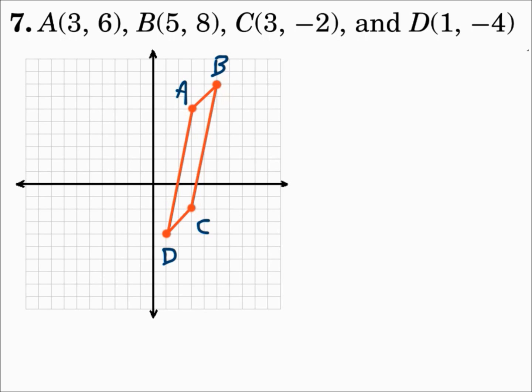And if we're looking for the coordinates of the intersection of the diagonals, we have to remember the property of the diagonals of a parallelogram. The diagonals of a parallelogram bisect each other. So if these diagonals are cut in half, then I need to find the midpoint of each diagonal. So let's draw the diagonals, and then we'll find the midpoint of each one.